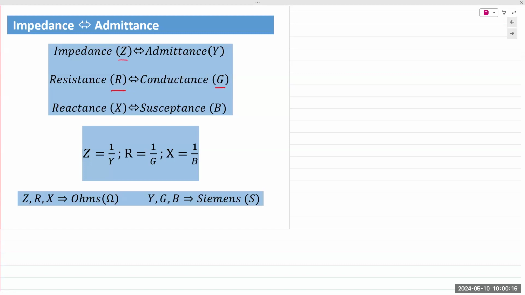Impedance Z: impede and admit. Resist and conduct. And react or be susceptible. So the reciprocal of reactance is susceptance. Resistance, reciprocal is conductance. Impedance, the reciprocal is admittance.